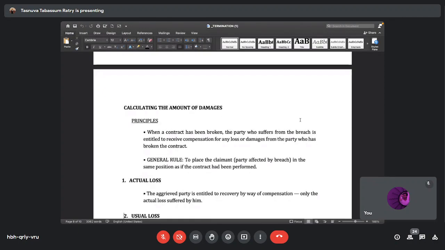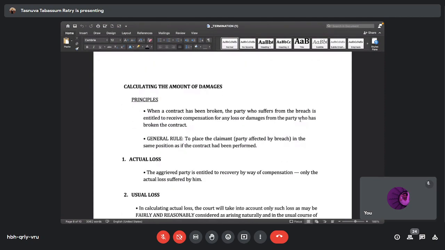So let's see how we can calculate damages. Damages, as we know, is monetary compensation. The usual rule for damages is to put the claimant back in the same position as if the contract was performed.